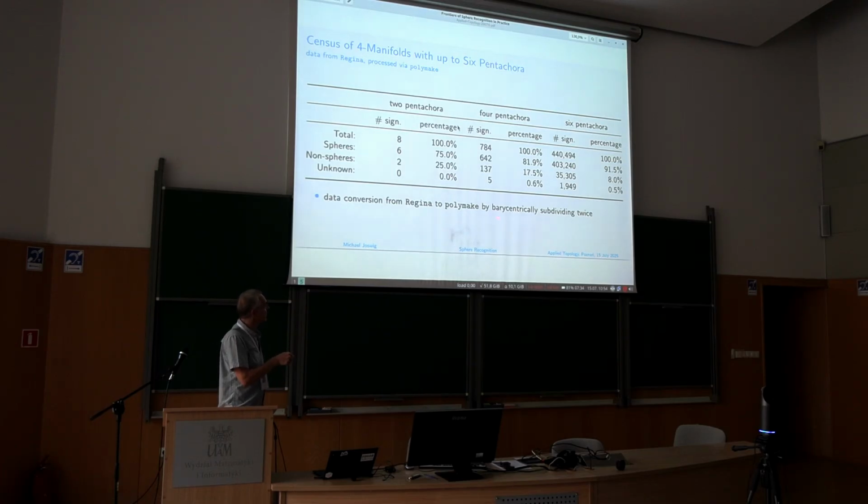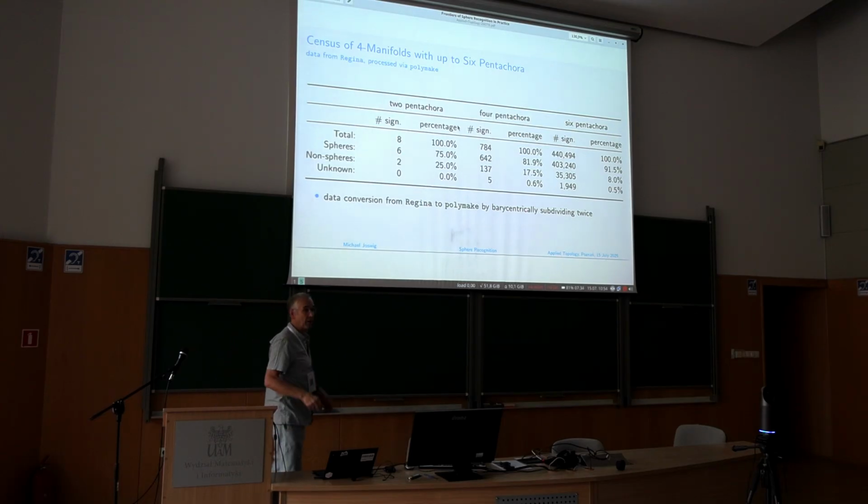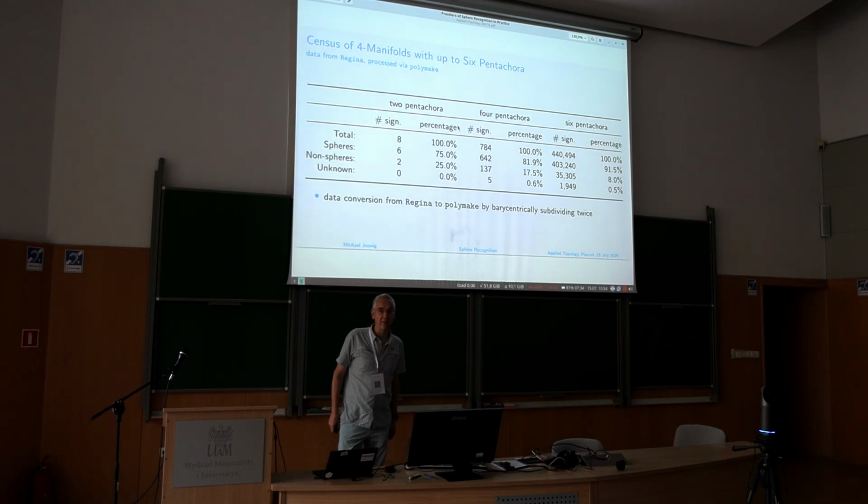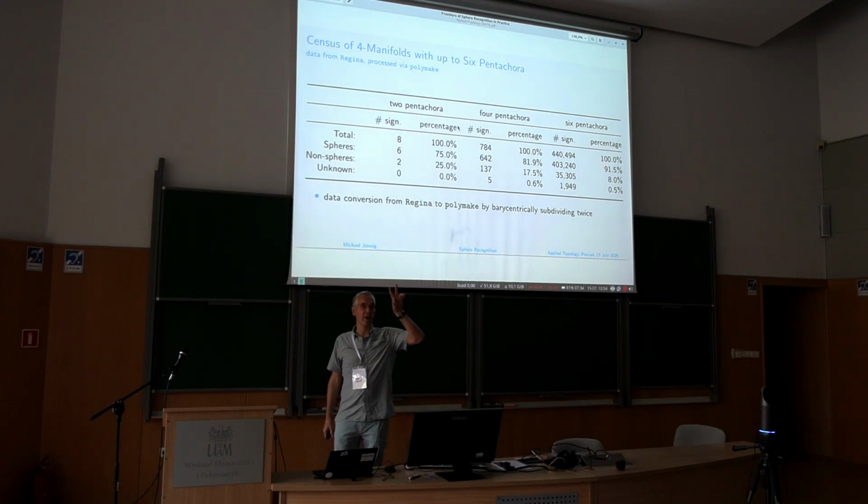So, if you want to work with this data from Regina and turn it into data accessible to Plenary, you need to turn it into a simplicial complex. You just do this in the naive way: you barycentrically subdivide twice. You are in 4-space, so a simple 4-simplex has, under barycentric subdivision, 5 factorial, 120, maximal cells.